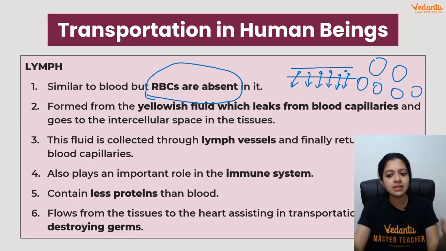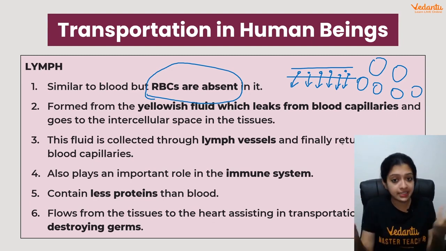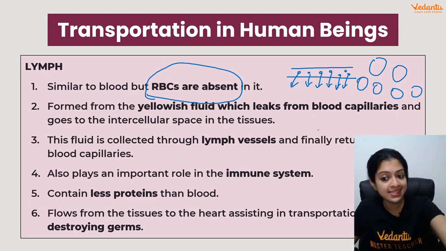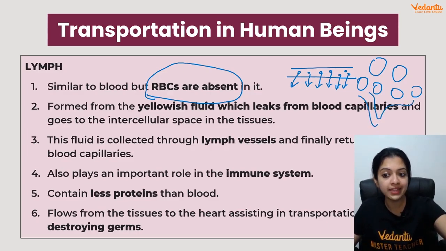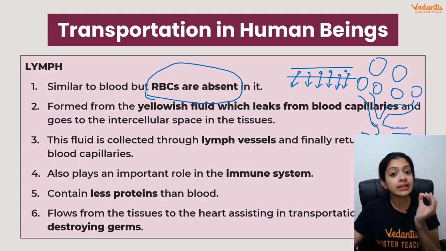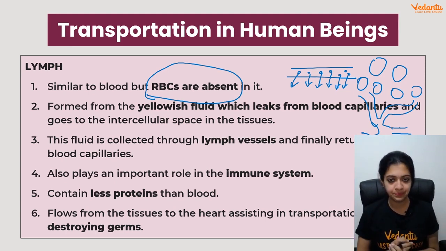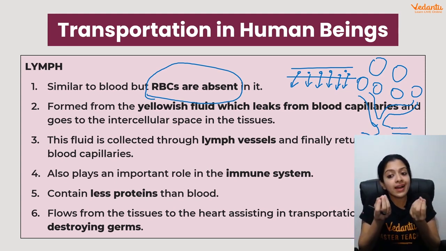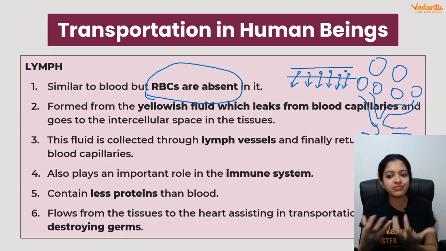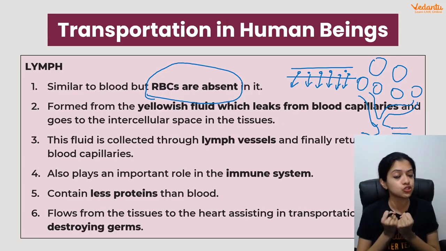There is a set of tubular vessels which are there to collect all this tissue fluid. Those are the tubes associated with the lymphatic system, right? So a system of lymphatic capillaries and lymphatic vessels can collect this tissue fluid.